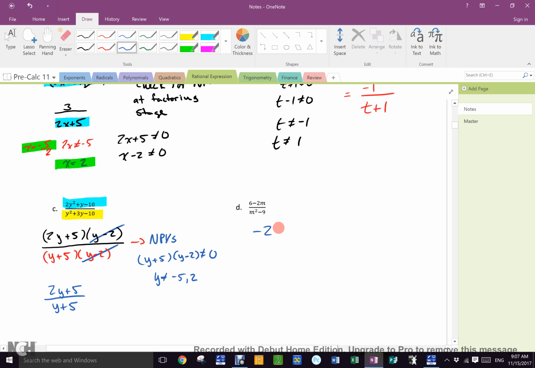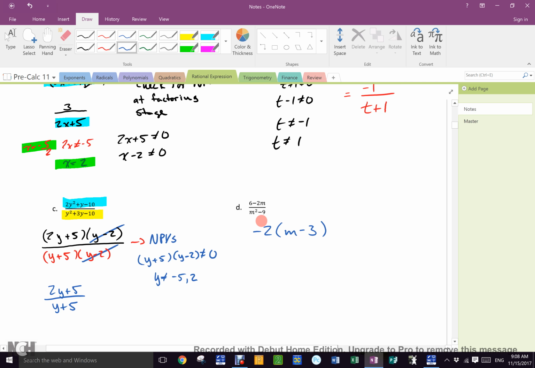So if I take a negative 2 out of the top, what do I get? What's 6 divided by negative 2? Negative 3. So I'm going to write it over here. And what's negative 2m divided by negative 2? Positive m. Does everybody see what I did there? We don't like negative variables. Everybody cool?